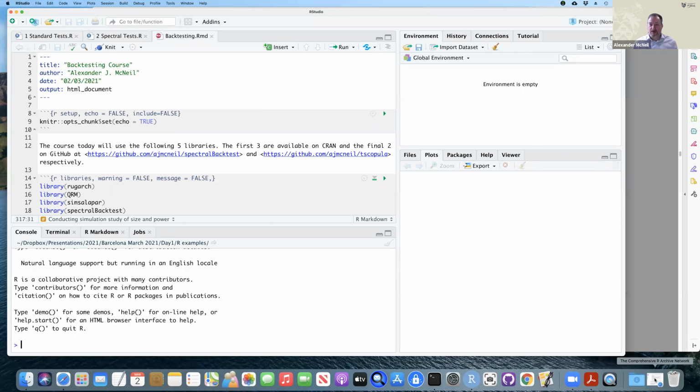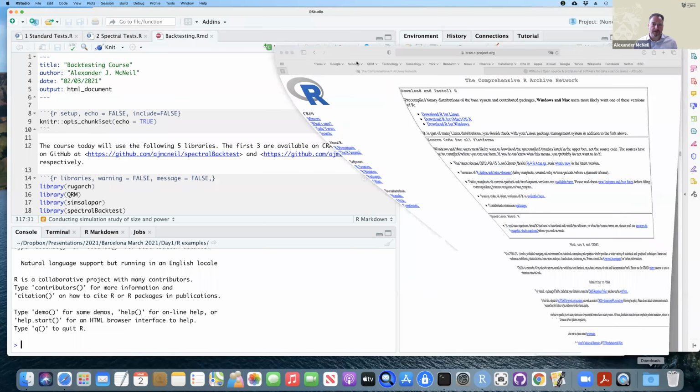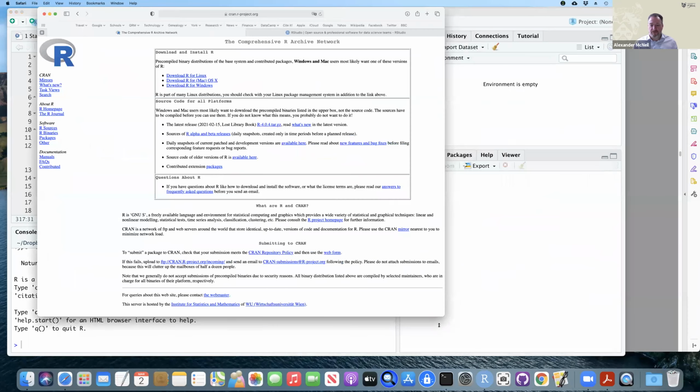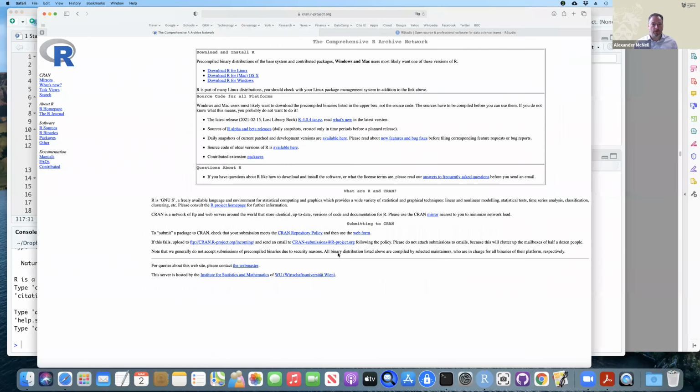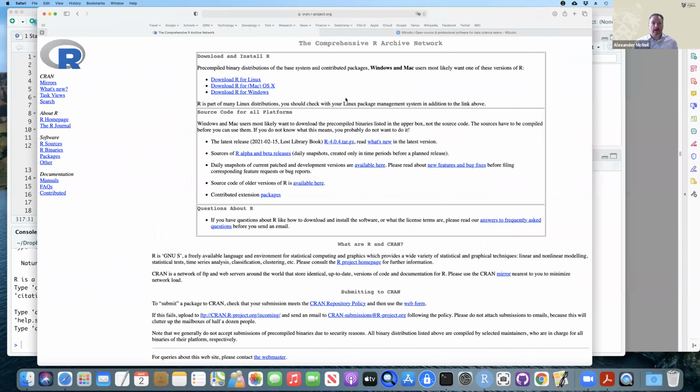But if you've never seen it before, then here's my browser. It's completely free software. You would get it here at the Comprehensive R Archive. You can download it for your machines. As I said, it's free.